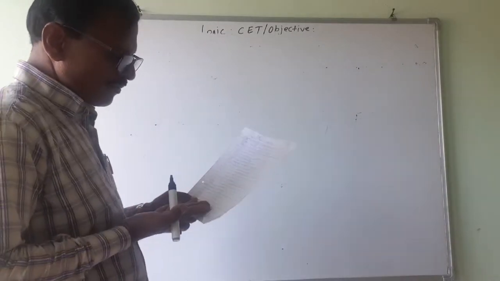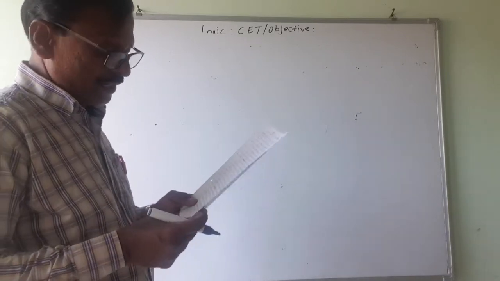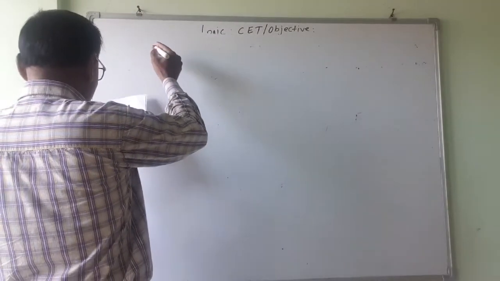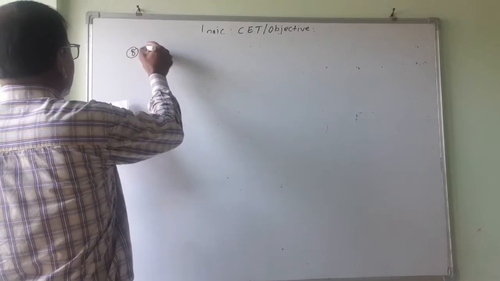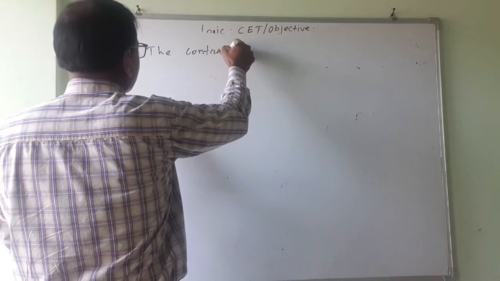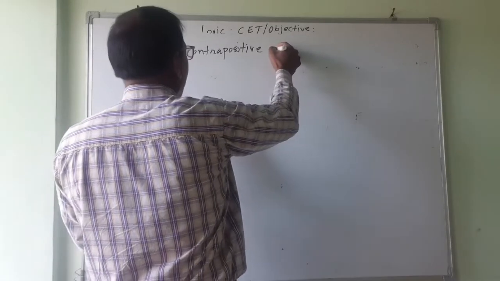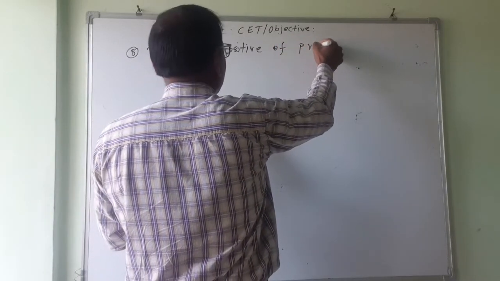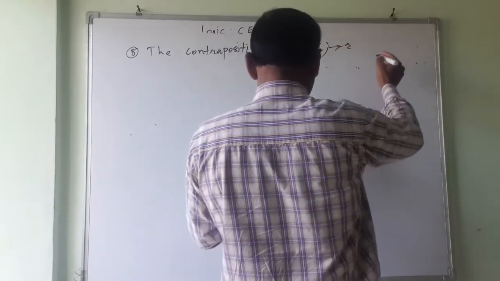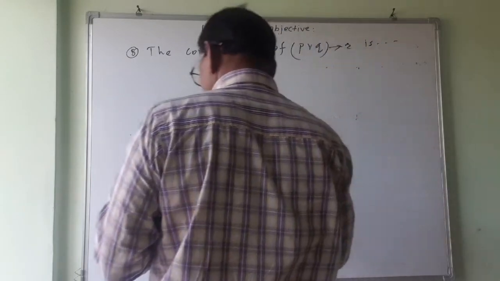In Karnataka, for a competitive examination, this question had come in 2003. From some book I have taken it. The contrapositive of P or Q implies R is, this had also come for the examination.